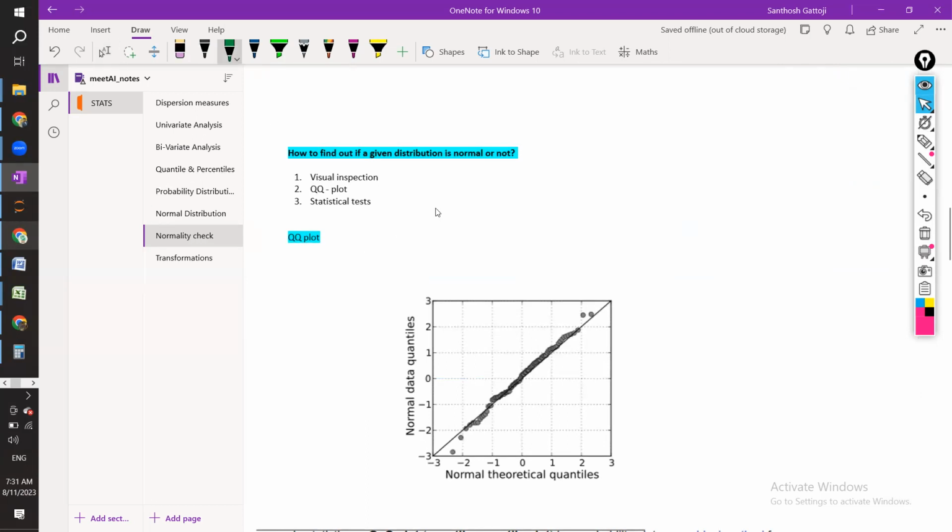There are three ways you can usually detect normality. One is visual inspection, guys. What is visual inspection? Just by looking, visualizing, how we have plotted.